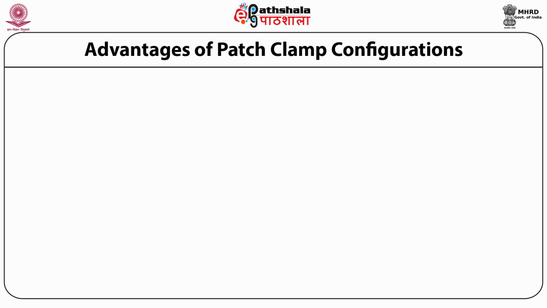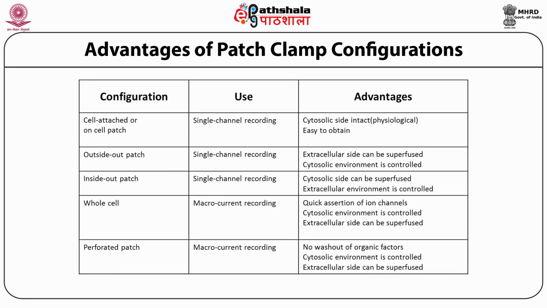Advantages of patch clamp configurations. Each configuration has its own advantage. Cell attached or on-cell patch is a type of single channel recording. In this, the cytosolic side is intact, so this is more of a physiological recording. The second one is outside out patch.